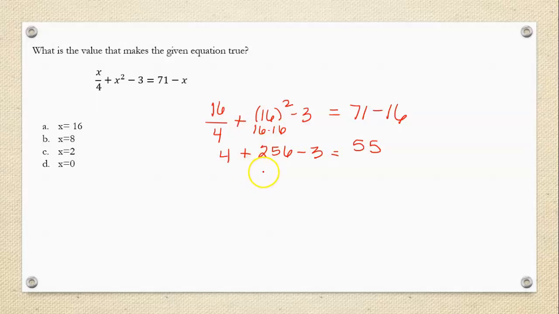All right, 256 plus 4 is 260. You guys can already see these are not going to be equal, right? The left-hand side is way bigger than the right-hand side. You could certainly stop here. But it is going to be 257 equals 55, which it does not. So it's not A. Let's try B.